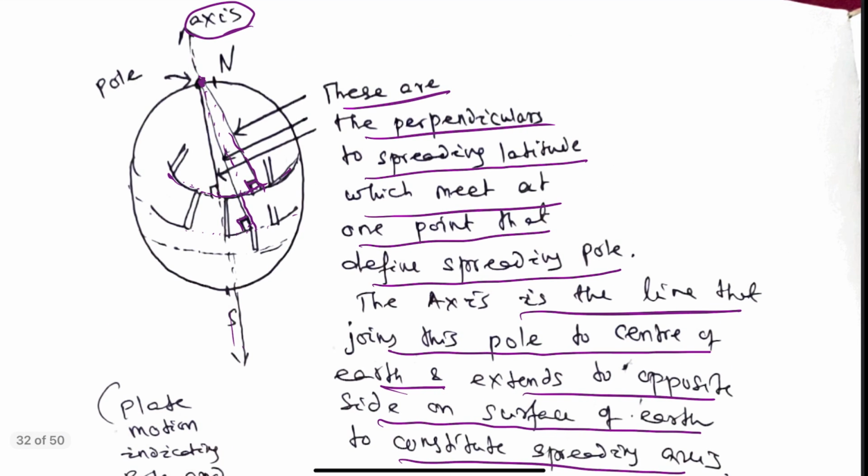So we can expect all the plates to be moving in a circular path, and the perpendiculars to this circular path, they meet at one point.